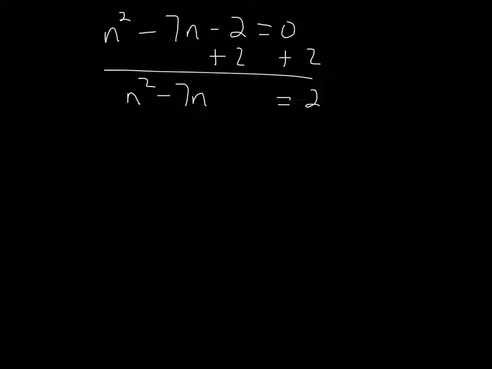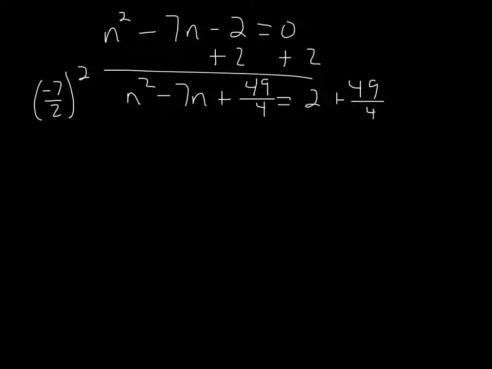Okay, so negative 7 over 2, bring it over to the side. So we got (−7/2)². That turns into what? 49/4, right? 7 squared is 49, and 2 squared is 4. Plus to both sides, 49/4.